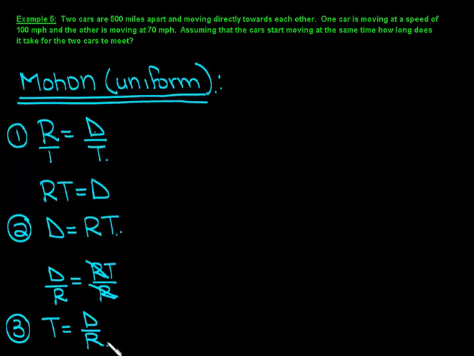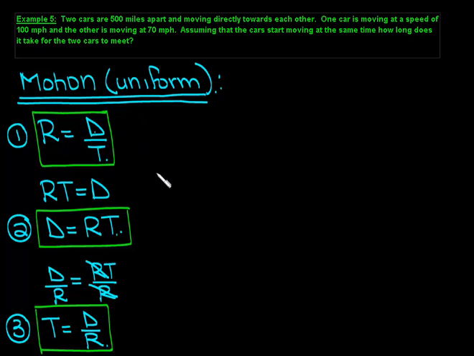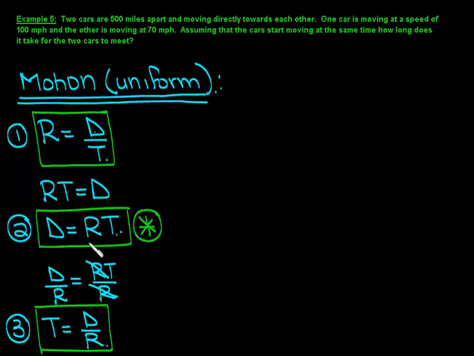So you have three different formulas for motion. Depending upon the problem, you can pretty much use any of these formulas. Sometimes you might have to do some extra work to get to the answer because you used one of the other formulas than the one you should have used, but it'll still all work out if you do the algebra correctly. The one that I usually prefer to use is this one, because usually they'll tell you something about the rate at which you're traveling and how long you've been traveling.